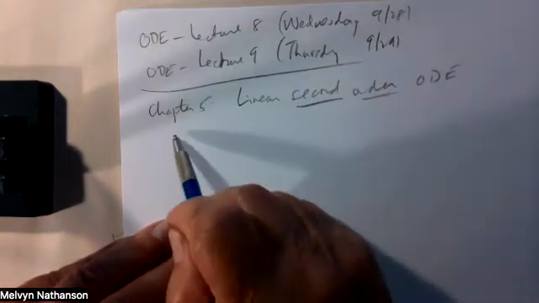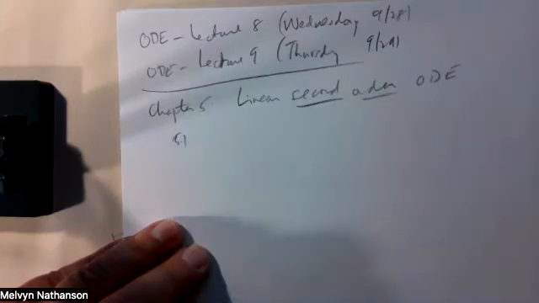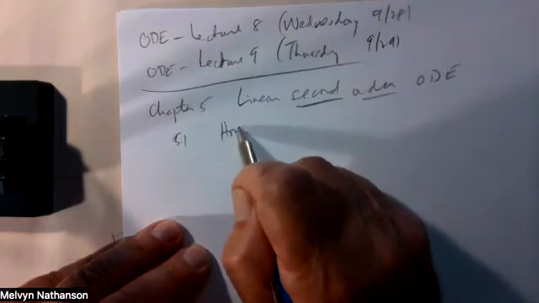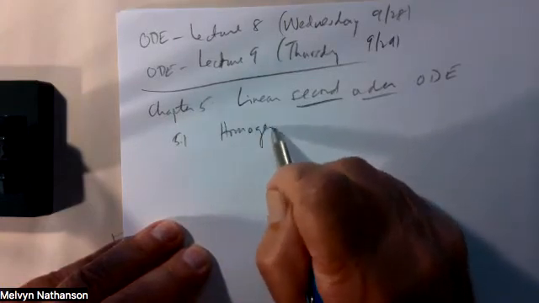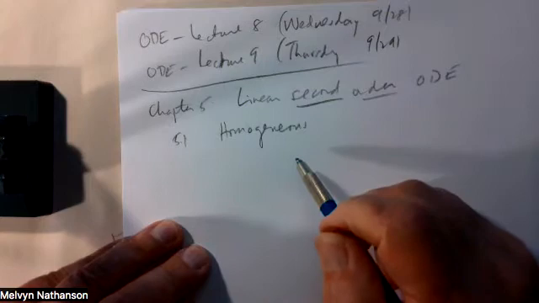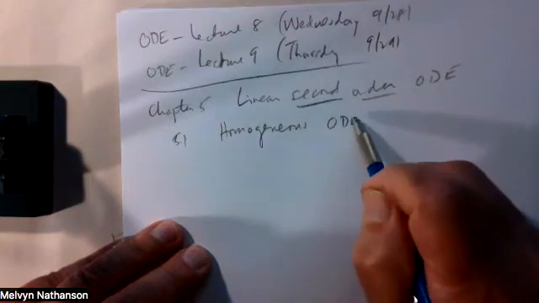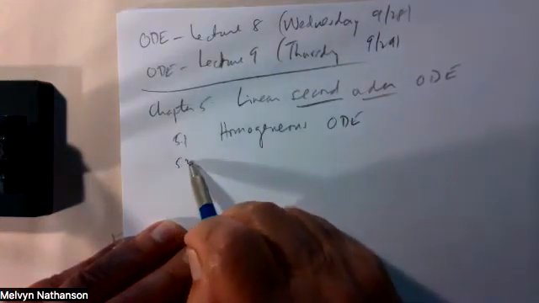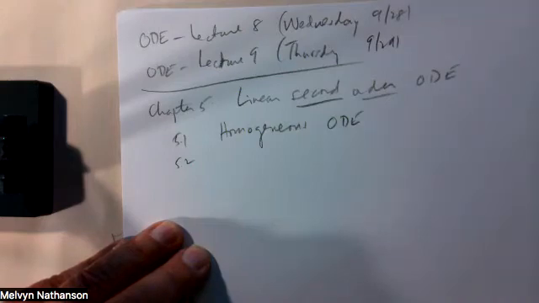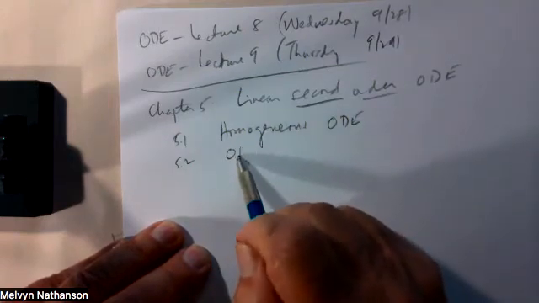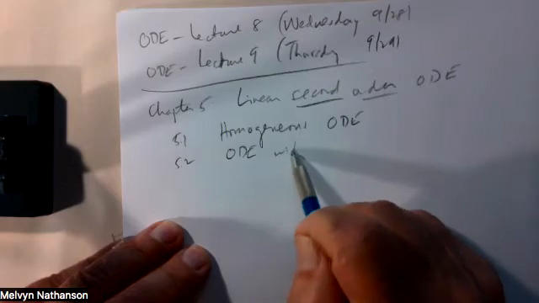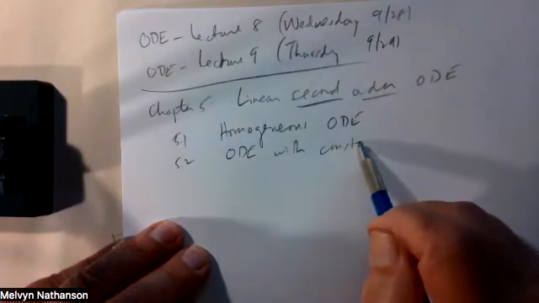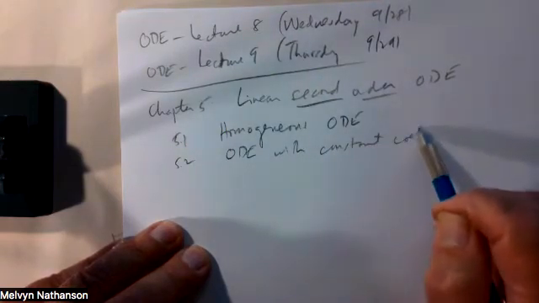The first section is just a general introduction, general theorems about homogeneous linear second order equations. And the second section is about the second order equations with constant coefficients.